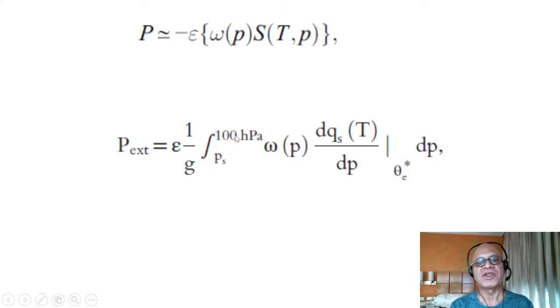So you're integrating over the atmospheric column with a vertical velocity in the pressure coordinate, so it's negative as you go up, pressure decreases, and dqs/dT, dqs as a function of temperature, dp with constant theta e star, so moist potential temperature, and the saturation water vapor pressure change along the constant moist adiabat, basically integrated in the pressure coordinate.